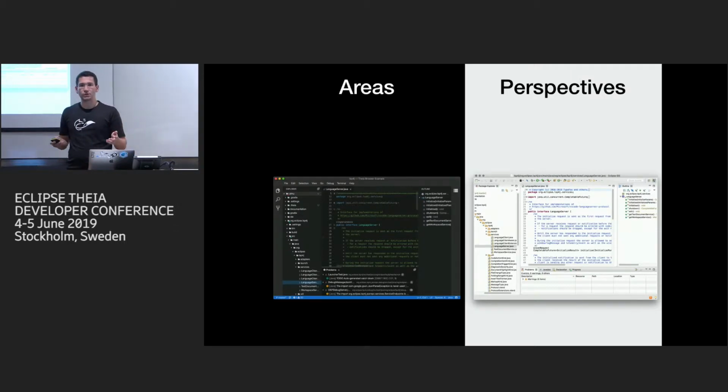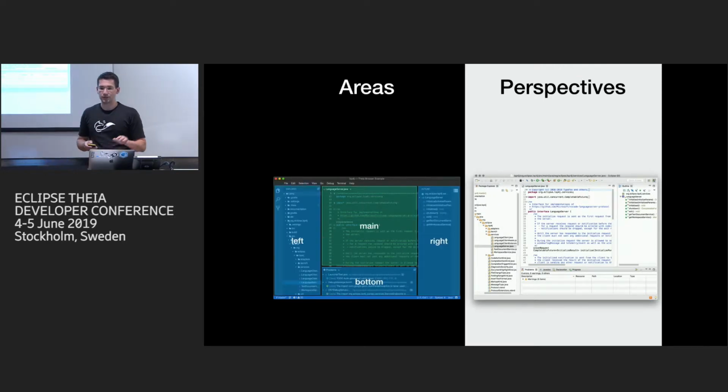The application shell itself consists of different areas, main and left, bottom, and right, which are collapsible. This is kind of predefined. We cannot change it out of the box, you would need to do some customizations.